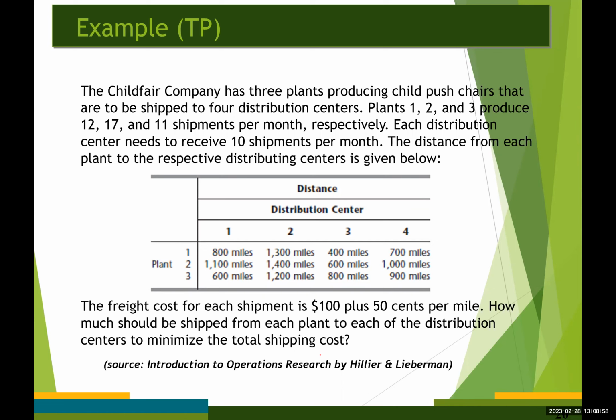The distance from each plant to the respective distribution centers is given in this table. The freight cost for each shipment is $100 plus 50 cents per mile. So $100 would be the fixed cost, and the 50 cents would be the variable cost, right? We'd like to know how much should be shipped from each plant to each distribution center to minimize the total shipping cost.